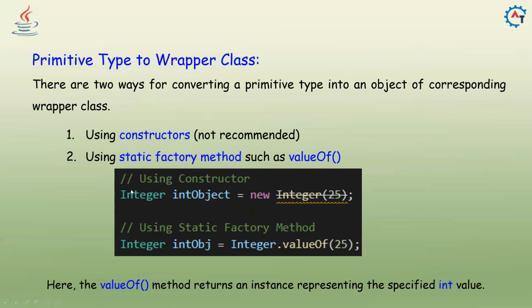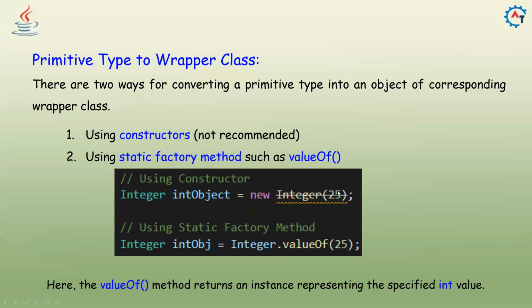If you take an example using a constructor, you see Integer, you will create an object. Reference is equal to new, again this class, and this is called a constructor, Integer with brackets. After the class name, you have these brackets, so it becomes a constructor. In the constructor, you are passing some integer value.